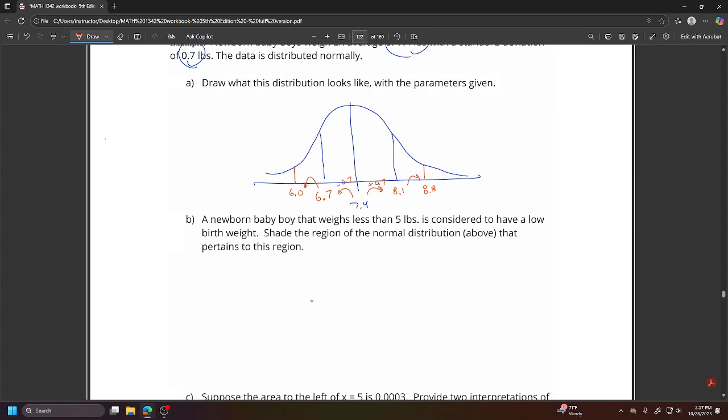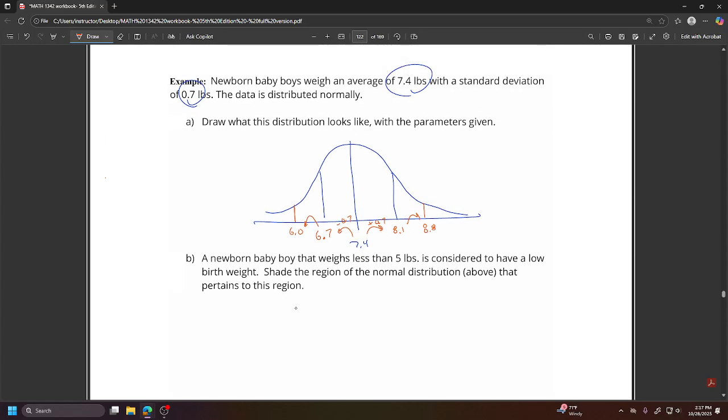A newborn baby weighs less than 5 pounds. Okay, hold up. Less than 5 pounds. I don't know what that is in reality, but on the chart, where would that be? Wouldn't that be way over here somewhere? And this is the cutoff line. All this over here is unusual.